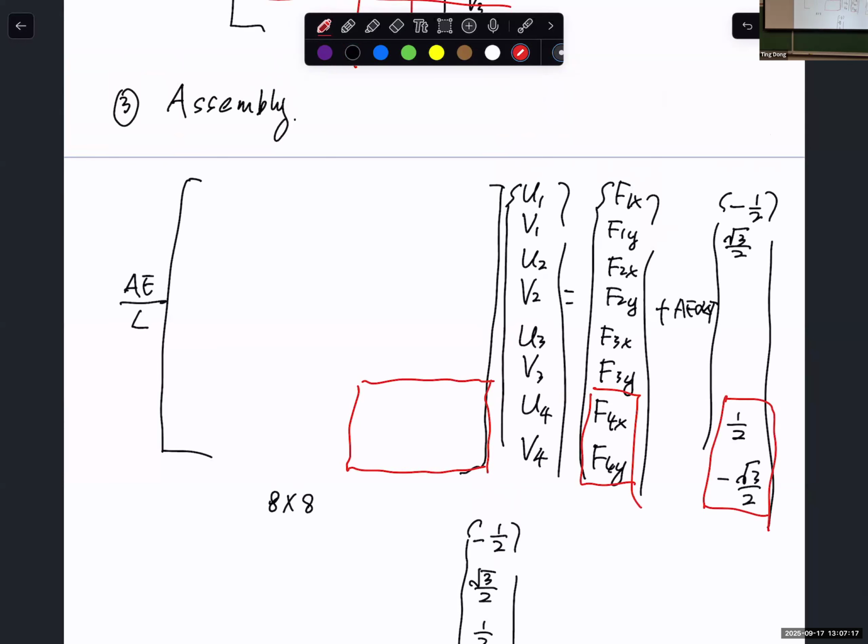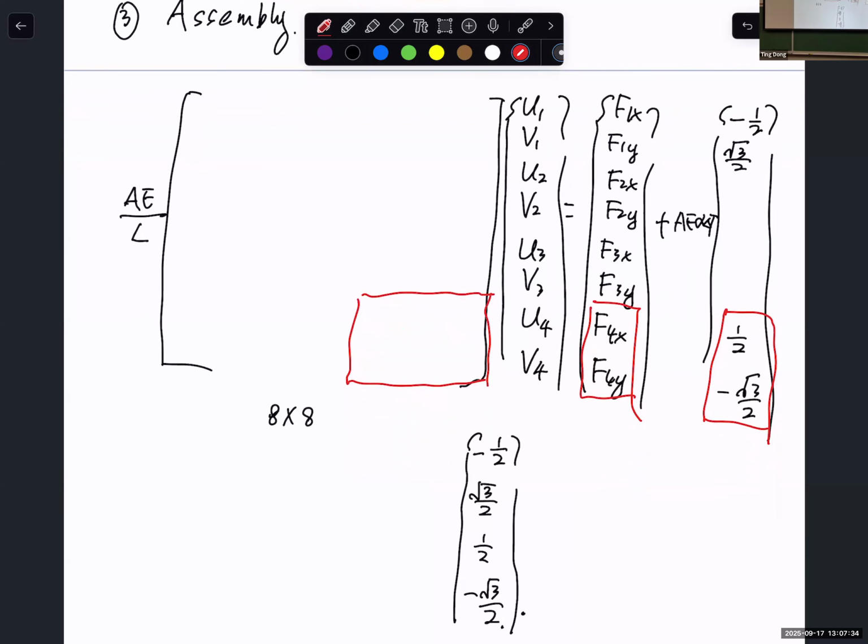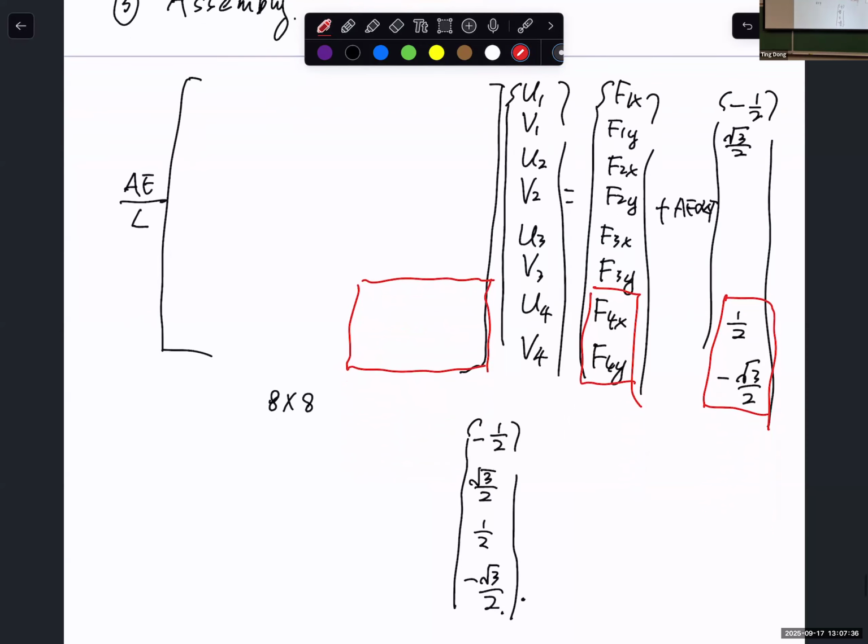Makes sense or not? All the rest components, 64 components, we only need the 4. If you try to write the whole matrix during the exam, I don't know. Don't complain that you don't have enough time to finish the exam.